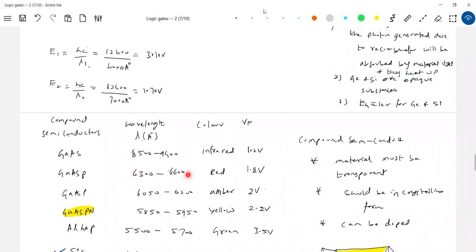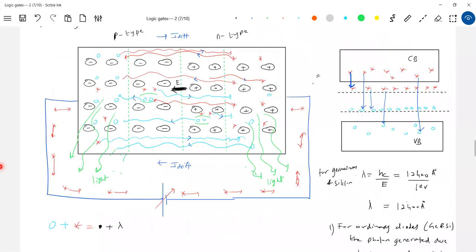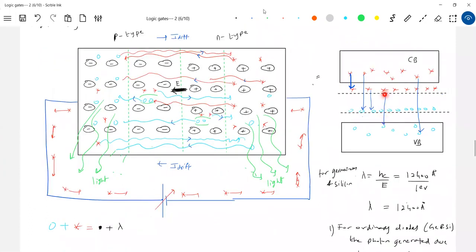Because the electron can make a transition from conduction band to donor level, conduction band to acceptor level, conduction band to valence band, or from donor level to acceptor level, donor level to valence band. I am speaking only about electrons, but the holes can also make transitions.